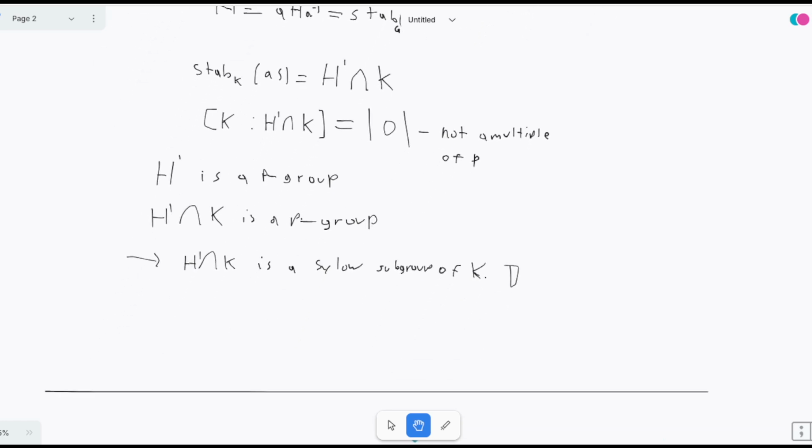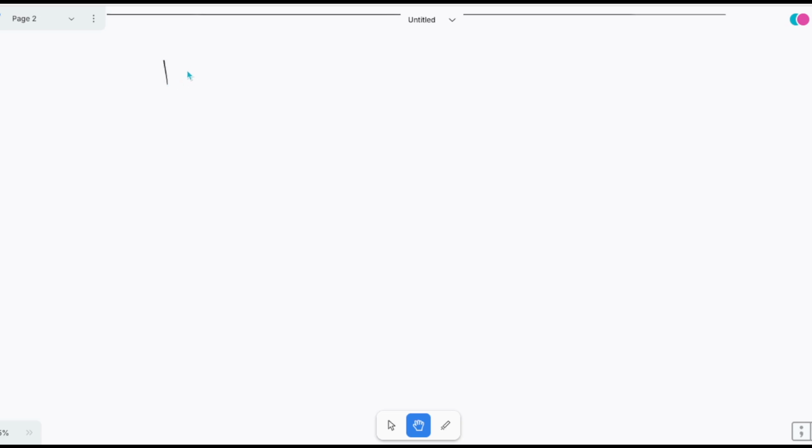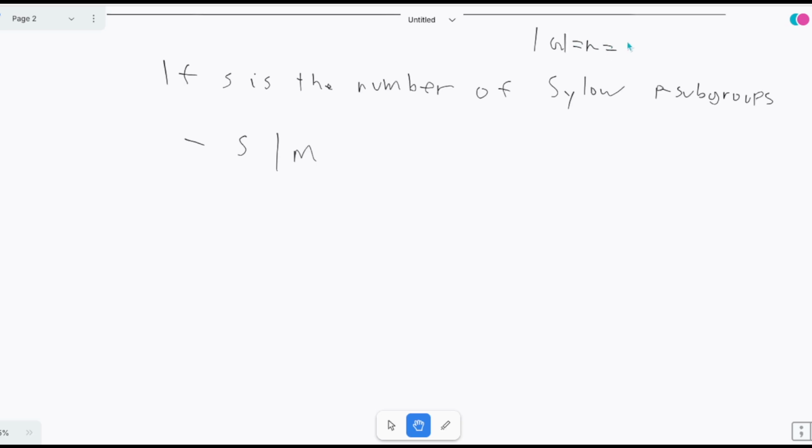So, to reiterate, we say if S is the number of Sylow P subgroups, then S divides M. Remember that we say the order of G is N is P to the E times M. So this is the M here.